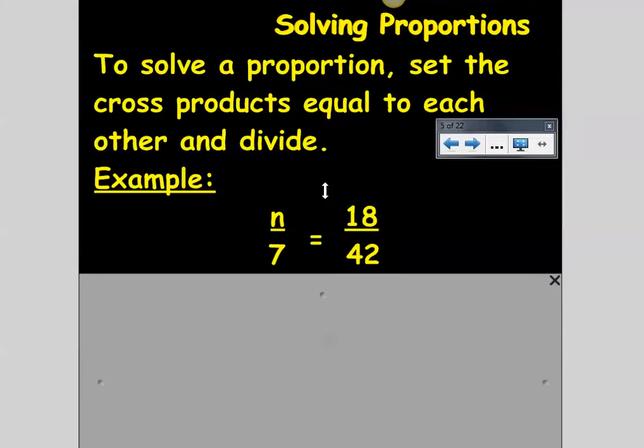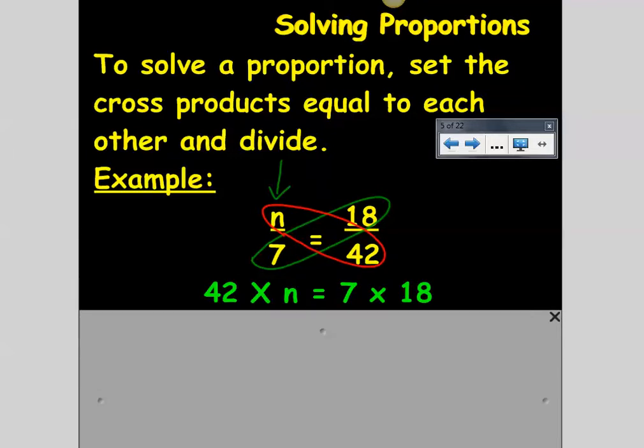To solve it, I have to figure out what the missing number is that n equals. So I would have to take my one cross product of 7 times 18, and I'm going to make that equal to 42 times n.